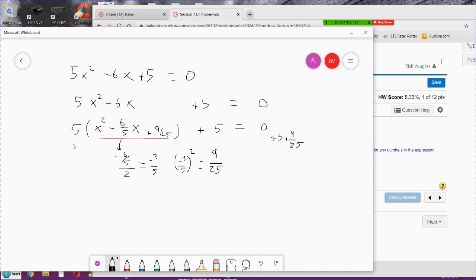All right, so now I'm going to just clean up. This 5 is just sitting there. These three things become that perfect square trinomial, which is x and that half number, which was 3/5. I had the plus 5 here. Didn't do anything with that. And then over here, I got 5 times 9 over 25, which, as I said, was 9 over 5.